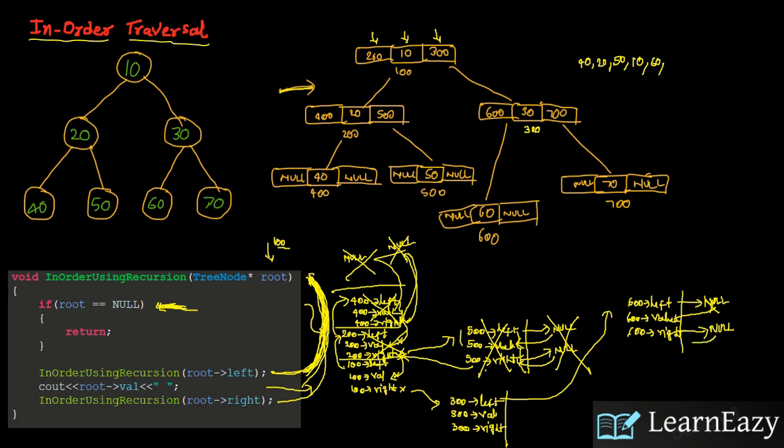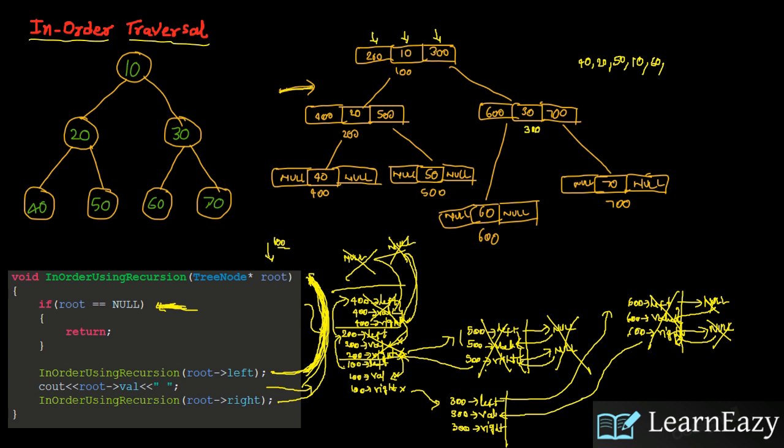So null equals null, it returns back here and this stack record will get deleted. All three calls are done. This stack record also gets deleted and it returns back to 300 value.